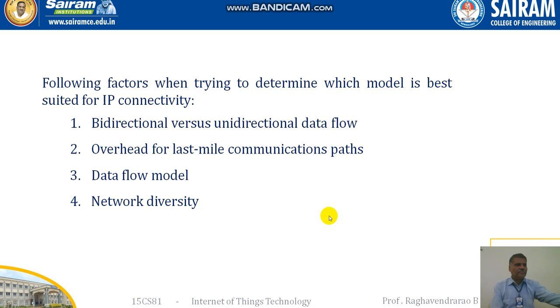Next, data flow model. How the data is going to get communicated, basically. So the one benefit of an IP adoption model is the end-to-end nature of communication. Any node can easily exchange the data with any other node in the network.